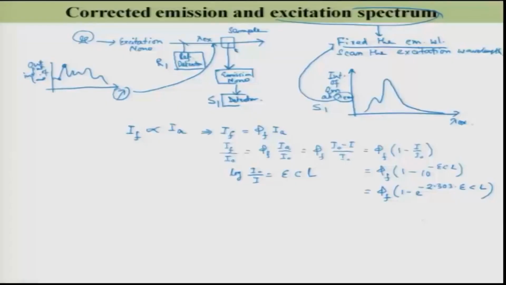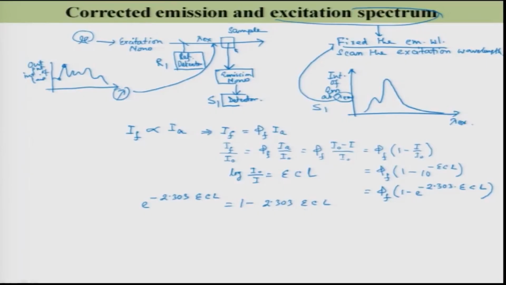provided that epsilon CL, that total quantity, is very small. So, I can write e to the power minus 2.303 epsilon CL is equal to 1 minus 2.303 epsilon CL, provided this quantity is a small quantity.